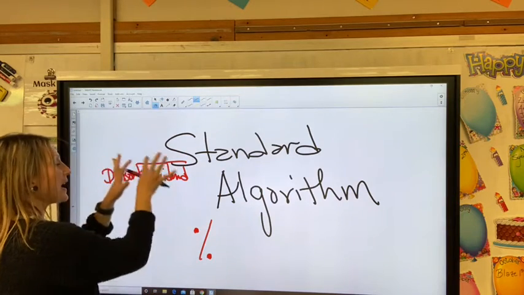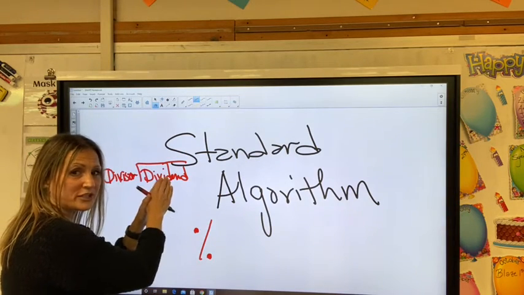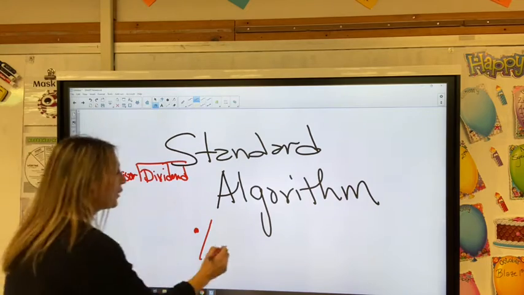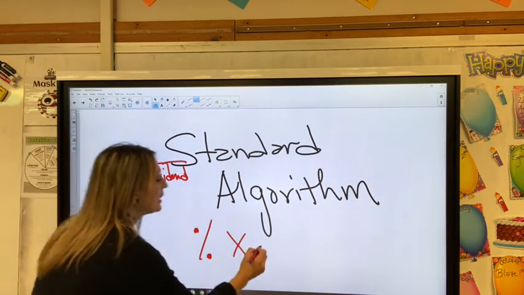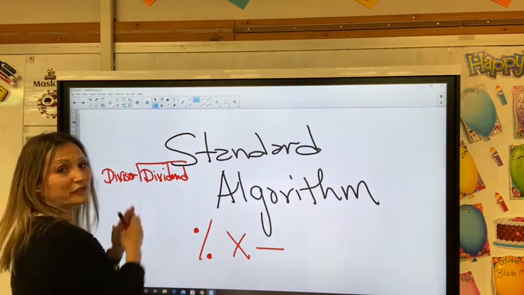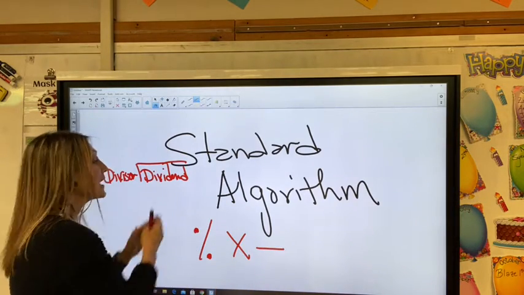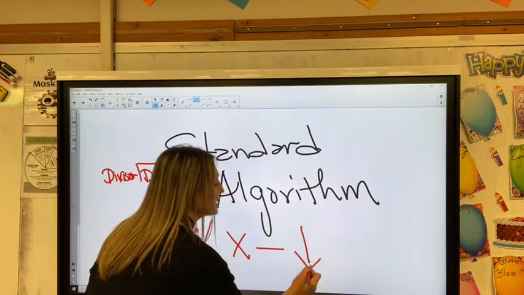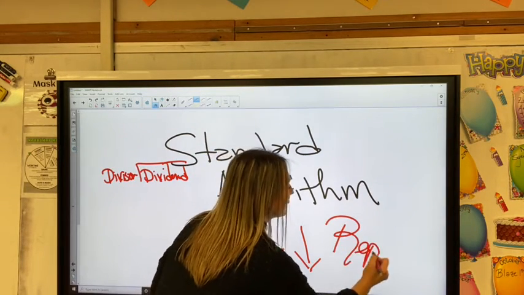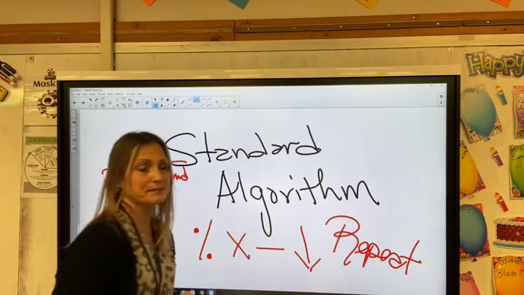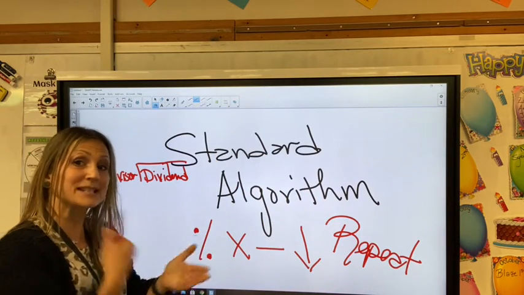Once we find out how many times that divisor will go into our dividend place values, we then multiply. We subtract that multiplication from our place values. We then bring down the next place value in our dividend. And we just keep repeating it until it stops. Okay? Until we get to 0.